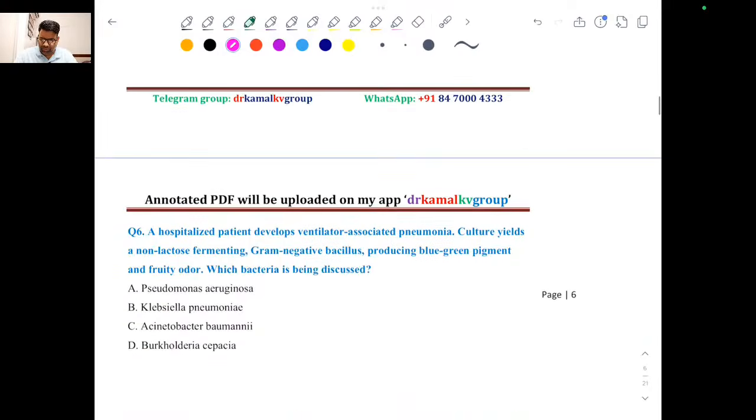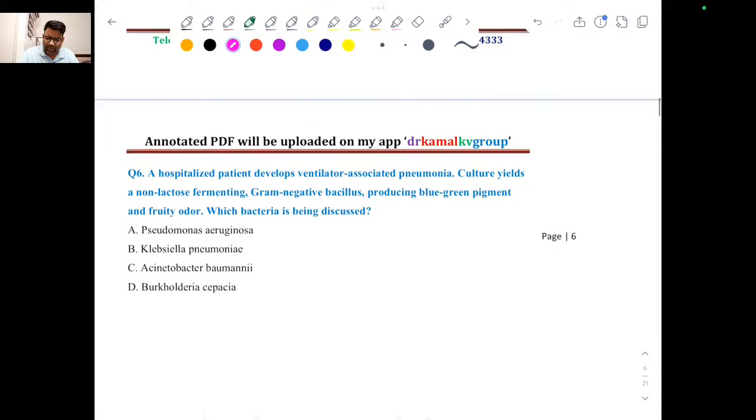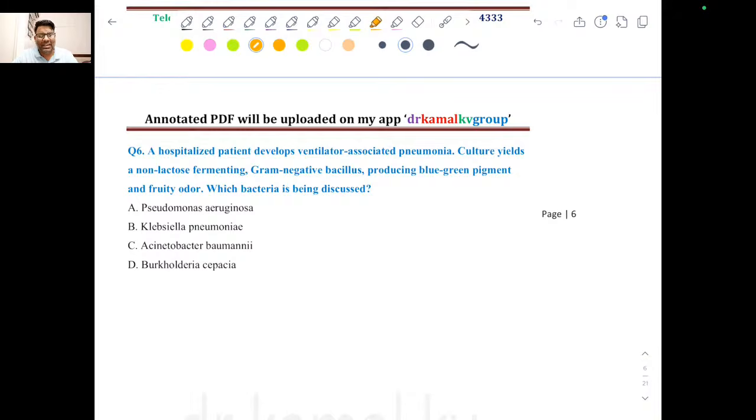Then moving forward to a very good question, a hospitalized patient, right? So the patient is hospitalized, then he develops ventilator associated pneumonia, right? Hospitalized patient developing ventilator associated pneumonia.